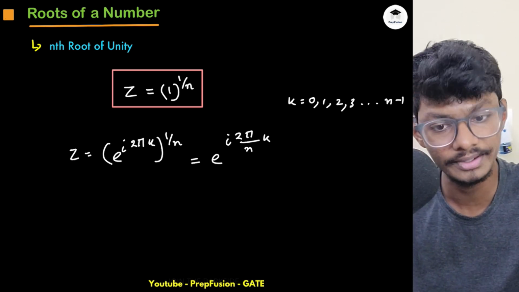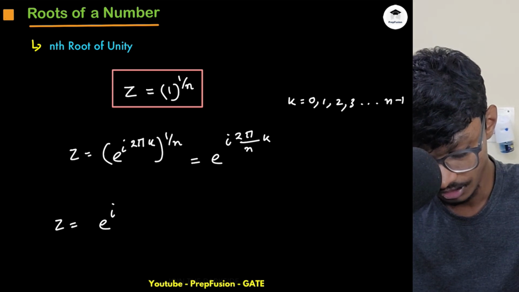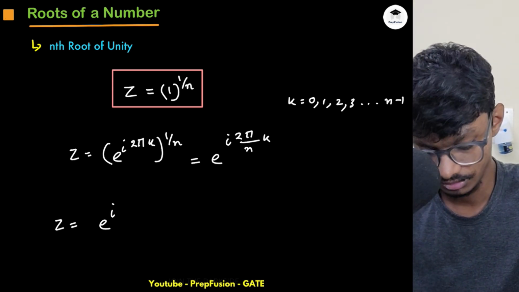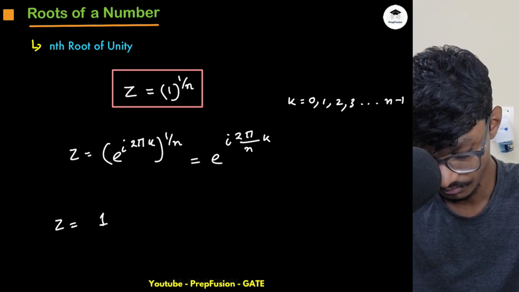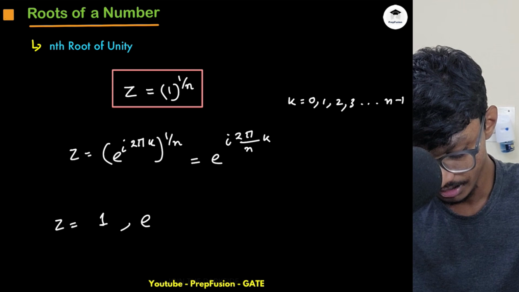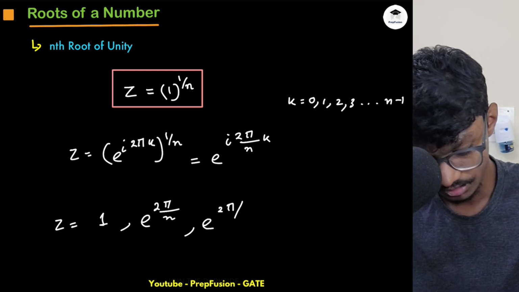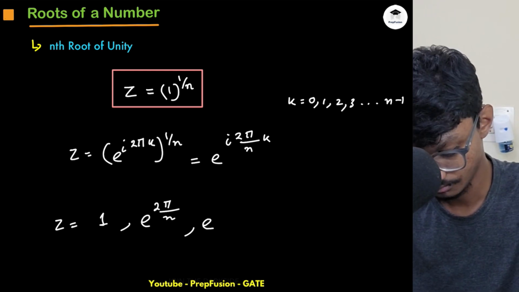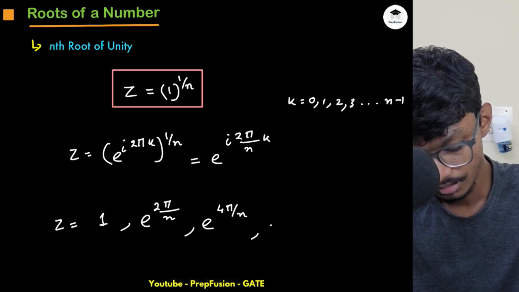So what will be my roots? My roots will be z equals, if k is 0, the first root will be 1 itself. Then the second root will be e raised to power i 2 pi by n. The third root will be e raised to power i 2 pi by n, whole squared, and so on, right?